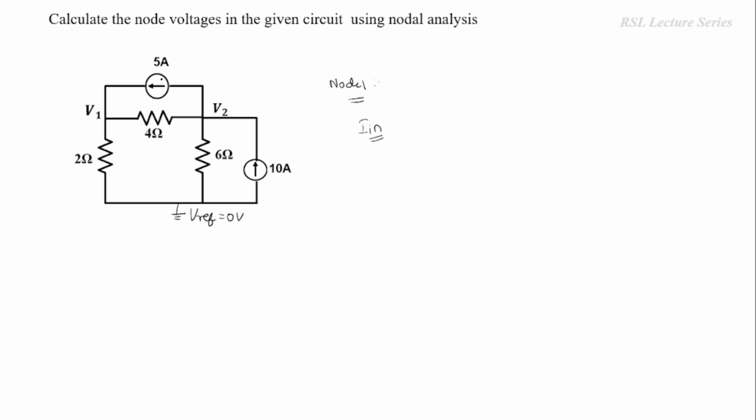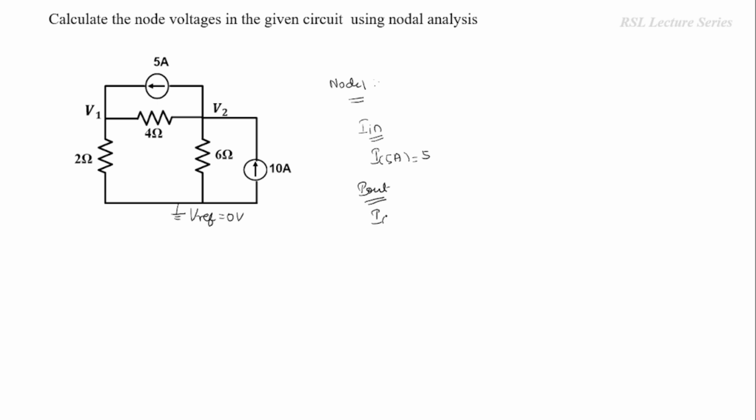This 5 ampere source is flowing towards node V1, so it is considered as the incoming current. Currents flowing through the resistors are considered as outgoing currents.